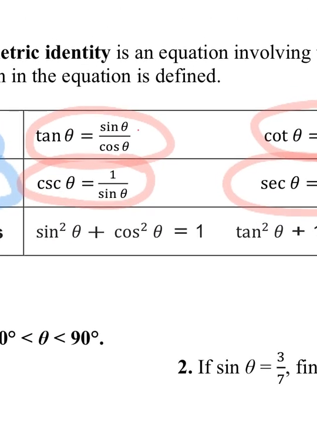If we remember our SOHCAHTOA, sine is opposite over hypotenuse, and cosine is adjacent over hypotenuse. If we simplify that, the hypotenuse cancels out, giving us opposite over adjacent, which we know is tangent. So that's just a quick reasoning of why that is.